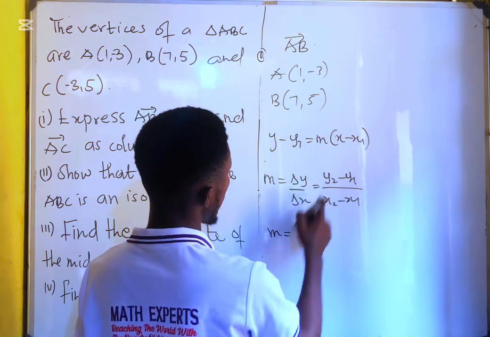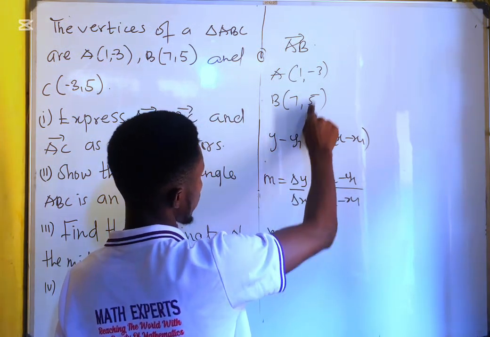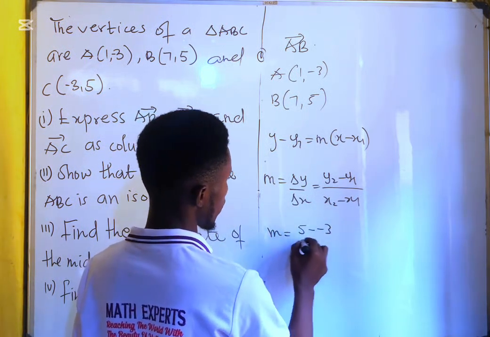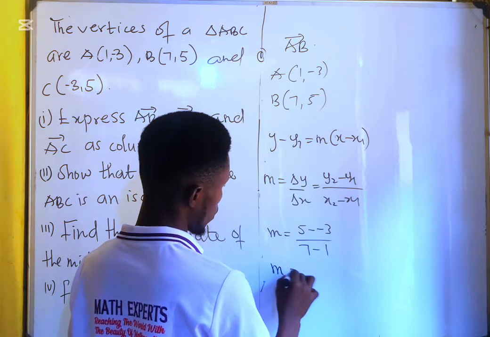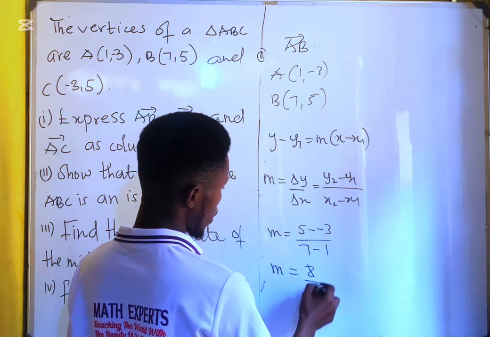So m is equals to y2. I'm using this one as my y2 and this as y1. So that will be 5 minus negative 3, over x2, that will be 7 minus 1. 5 minus negative 3 gives us 8. 7 minus 1 is 6.